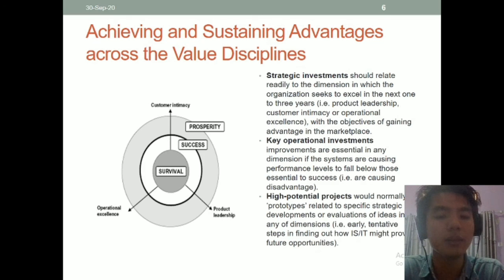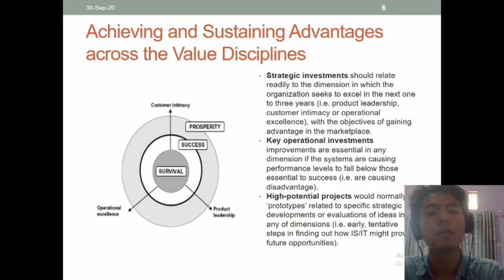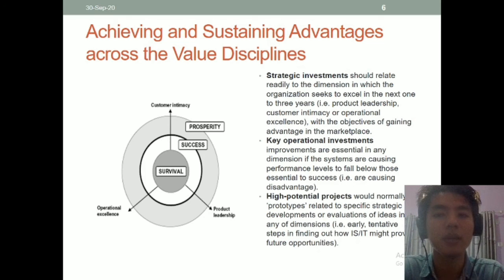That includes customer intimacy, product leadership, and operational excellence, which is explained as strategic investment should relate readily to the dimension in which the organization seeks to excel in the next 1 to 3 years. As examples, product leadership, customer intimacy, or operational excellence that were mentioned before, with the objective of gaining advantage in the marketplace.